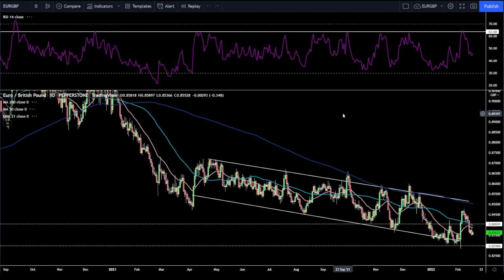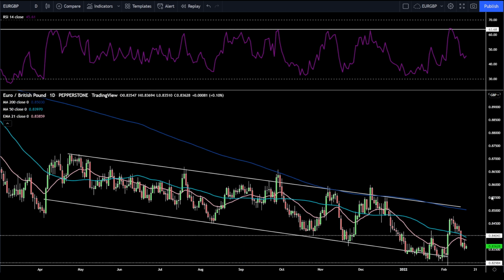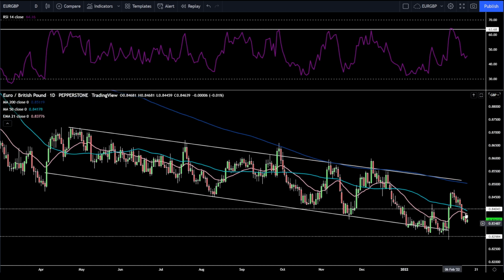Sterling. EURGBP seeing a bit of a bounce, as we saw. Let me just zoom in here. As we saw that bounce in the euro, a larger bounce in the euro as opposed to the pound, and that's obviously helping it a bit here, but very minor. We'll see if price does rally, what it does around here.